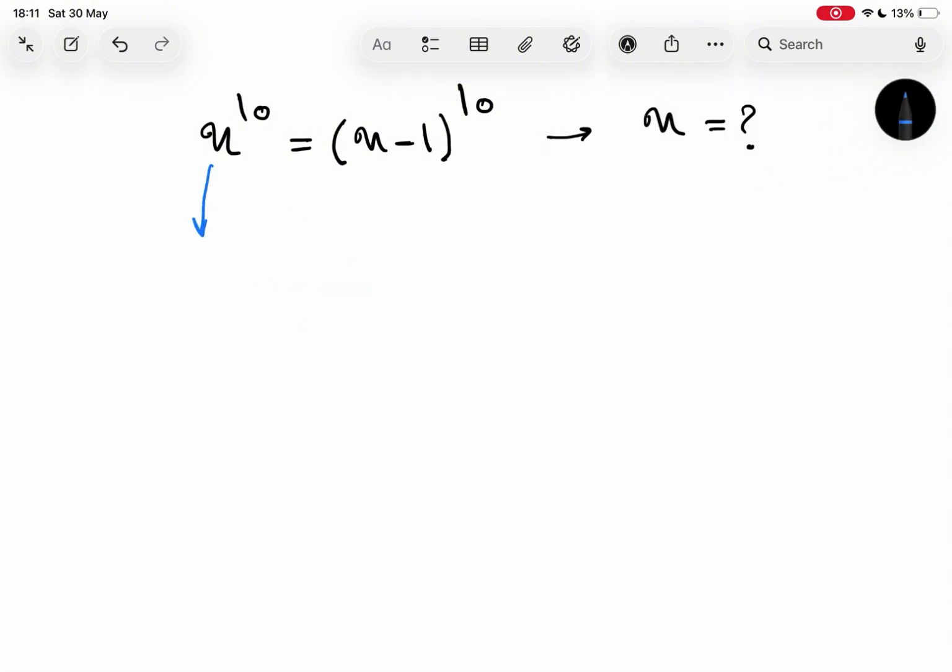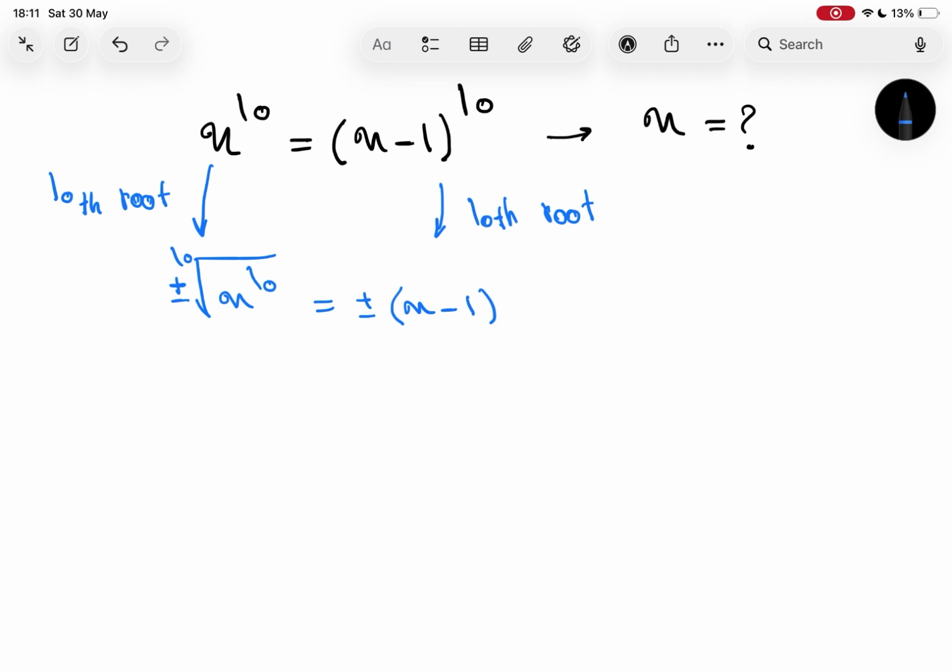Because both sides are raised to the power of 10, and since 10 is an even number, we have to consider two possible cases. So, from this equation, we can write positive and negative 10th root of x to the power of 10 is equal to positive and negative 10th root of x minus 1 to the power of 10.